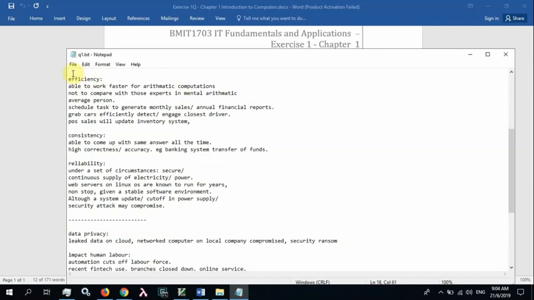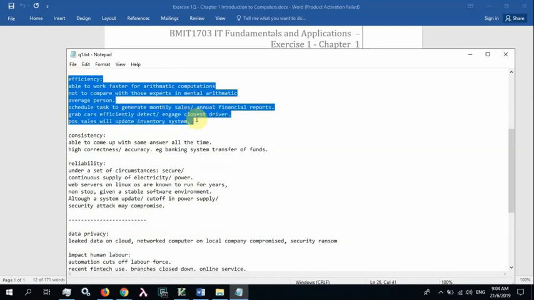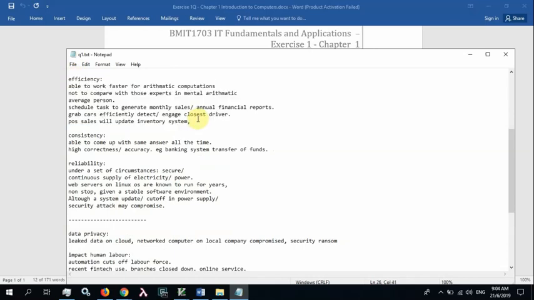So next, efficiency. Efficiency explains how fast you can do a piece of task given. For machines, of course, they can work with arithmetic very, very quickly. It's only on a very rare occasion that you can see a human being able to work as fast as a machine, in very, very rare cases.